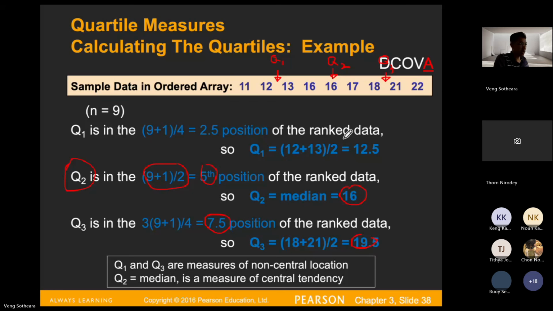What would you say? My definition: 16 is the Q2, and Q2 is in the middle of the data set, right? I'll give you a clue: it is a value in the middle.